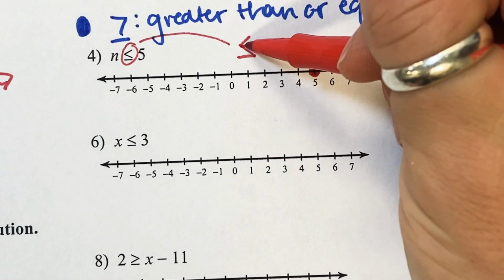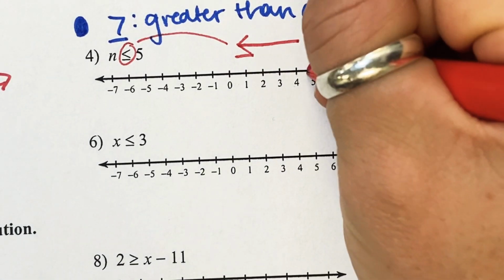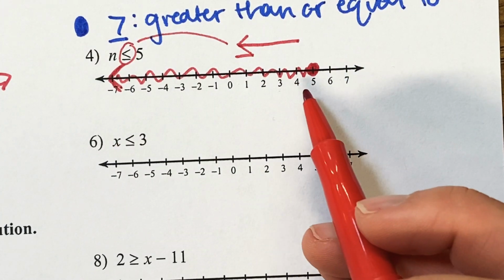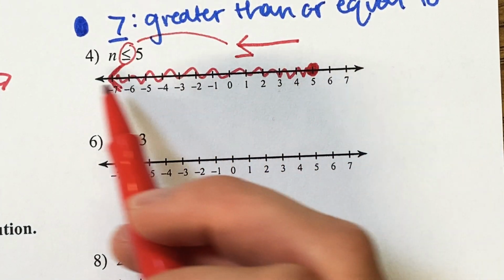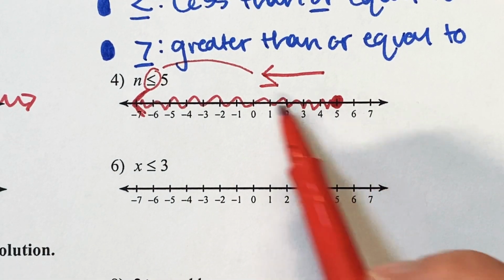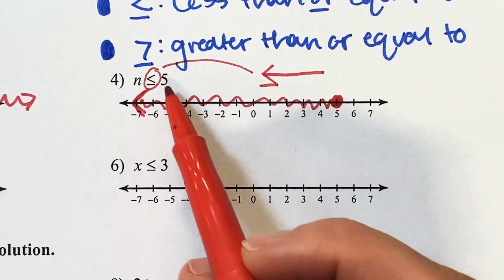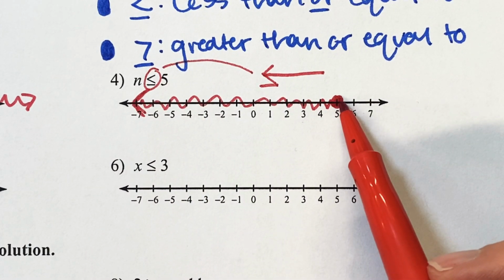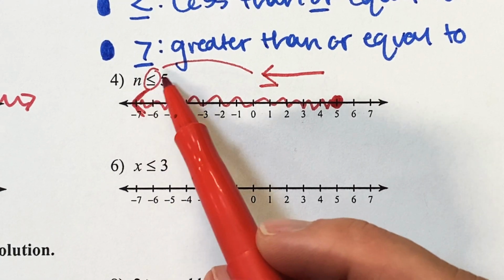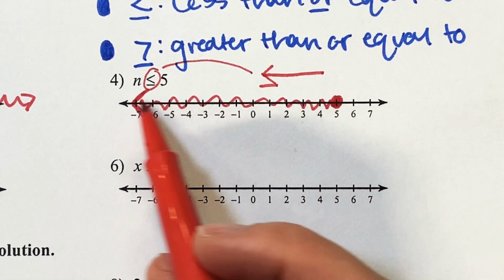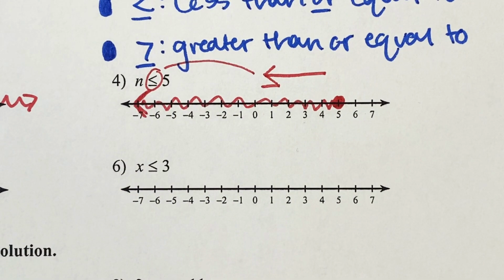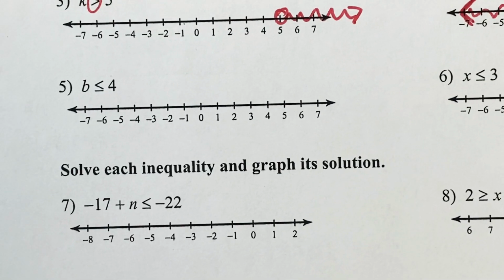Then all you have to do is turn that little sign into an arrow, and it's going to tell you which way to draw your arrow, meaning you could plug any one of these numbers on the number line going all the way to negative infinity, and it would work, right? 4 is less than 5. 5, since it's a closed point, is less than or equal to. 5 is equal to 5, right? That would work. So any one of these numbers, including 5, you could plug in for that n and it would work. Okay?